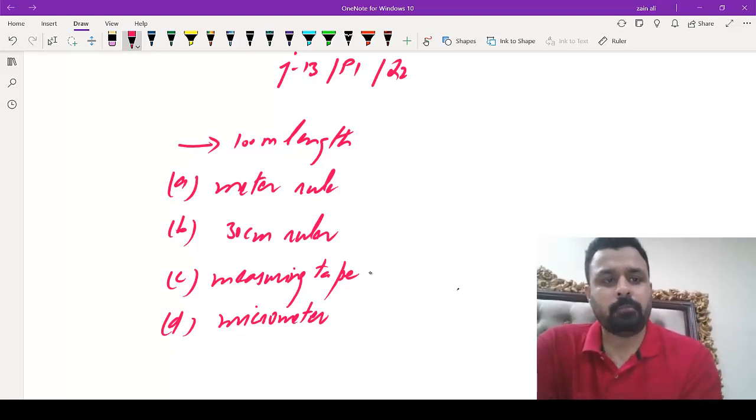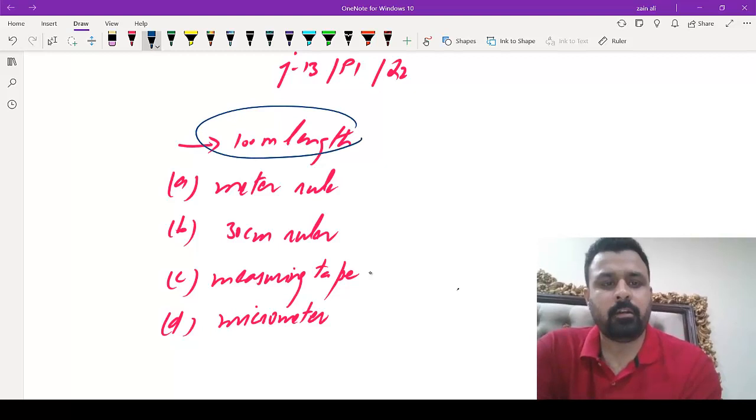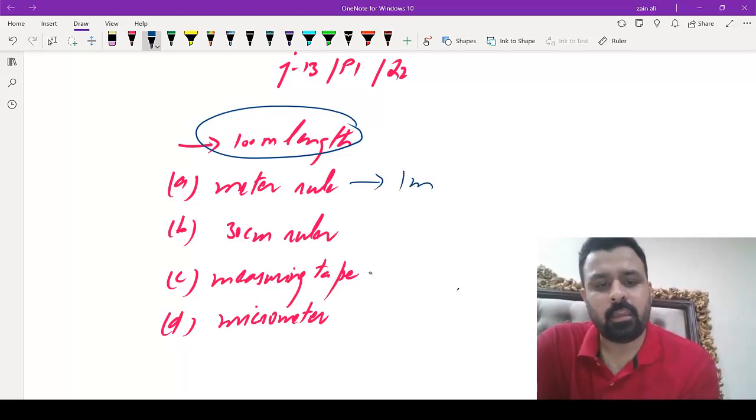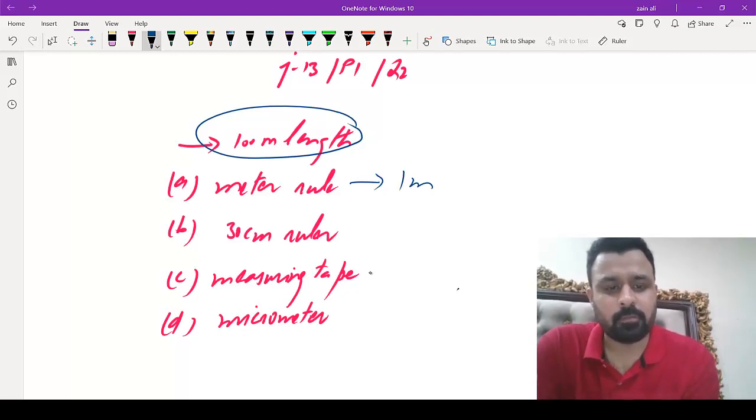As we can see, we are measuring a 100-meter length, and a meter rule can measure only up to 1 meter. Its maximum value is 1 meter. A 30 centimeter ruler is again very much less than 1 meter. A micrometer is also used for very small values, which we will discuss in the upcoming videos: micrometer, screw gauge, vernier caliper.